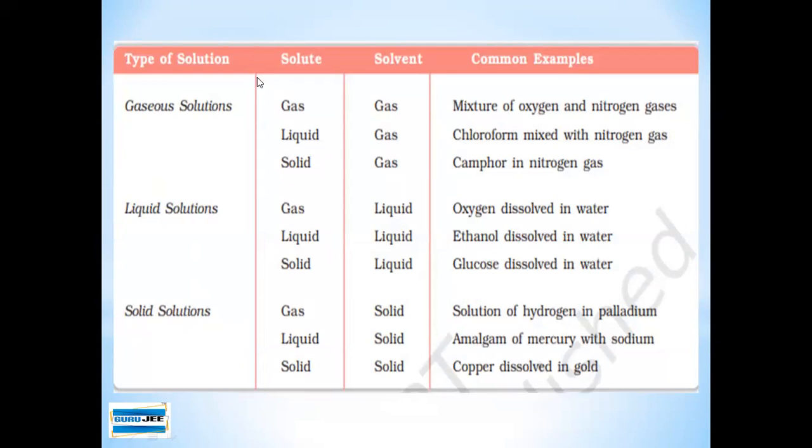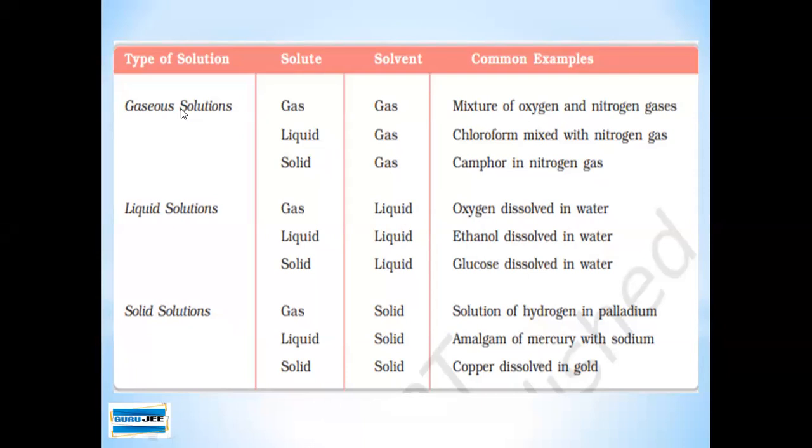In gaseous solutions, the solvent will be a gas. That's why the whole substance is in a gaseous state. Can you understand what I said? Sure. Do you have any doubt, Harshada?